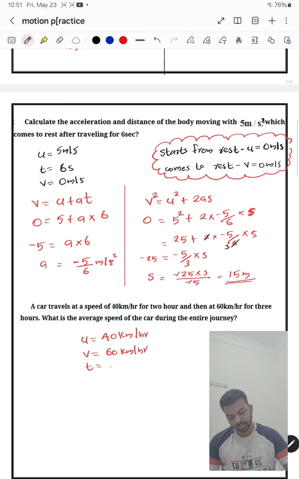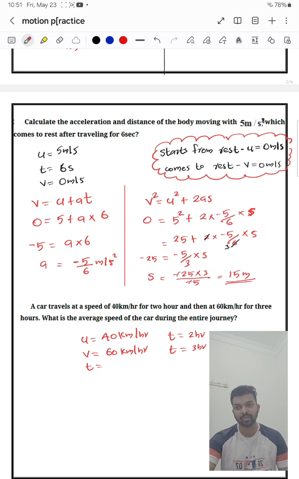Sorry, here the time given is t is equal to 2 hours. Here t is equal to 3 hours. So what is the average speed of the car during the entire journey? That is the question given.